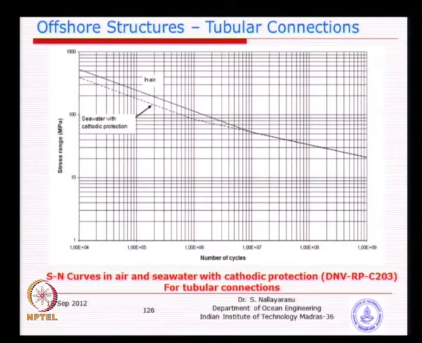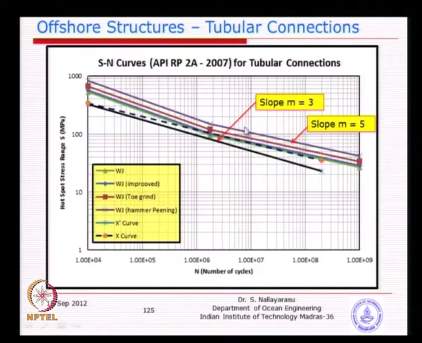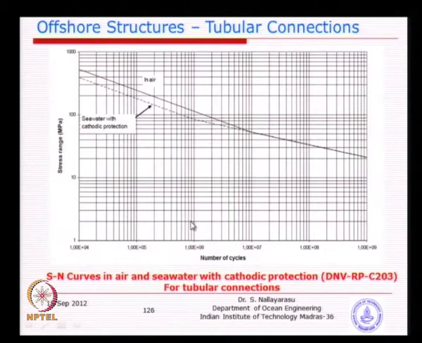This is another example taken from DNV C203, which is basically a recommended practice for fatigue analysis of structures, and specifically tubular connections. I have just picked up one of the graphs. You can see it is almost similar. If you overplot this on this, you will see that they are almost copies of each other, except for a very small difference.